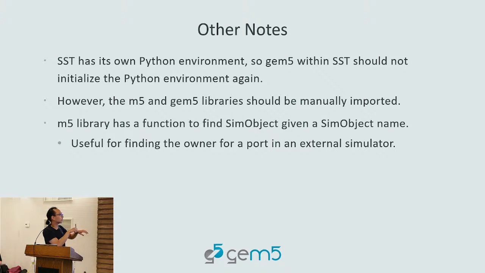You can use the m5 library, which has a function called find object, which, if you give it a name, will find the object for you. You can use that function to provide a link between a gem5 SimObject and another simulator component.